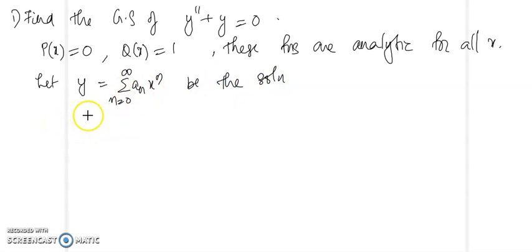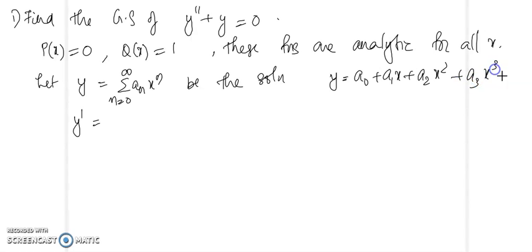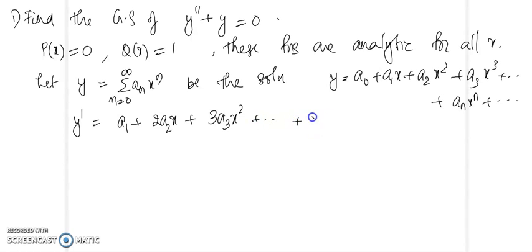So y will be a0 plus a1x plus a2x square plus a3x cube plus etc., an x power n, and y dash will be a1 plus 2a2x plus 3a3 x square plus etc., n an x raised to n minus 1 plus etc.